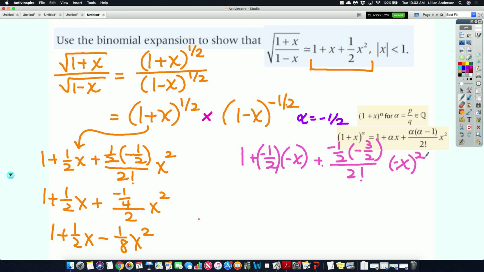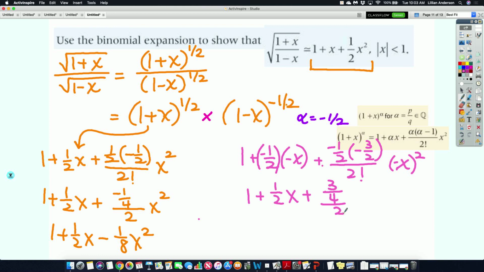When I simplify this, this becomes a 1. A negative and a negative make a positive, so it's going to be plus a 1/2 x. Now a negative 1/2 times a negative 3/2 becomes a positive 3/4, all over 2 factorial, which is 2.